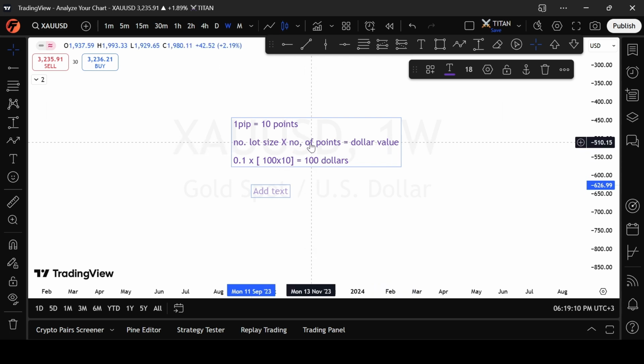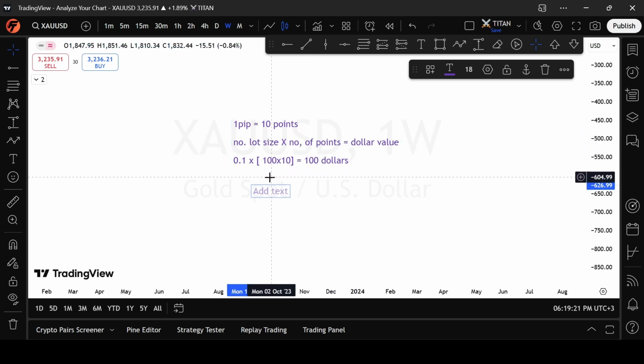You assess the distance that the trade is framed around, and you simply take that dollar value divided by the number of points, and you'll get the actual lot size that you need.